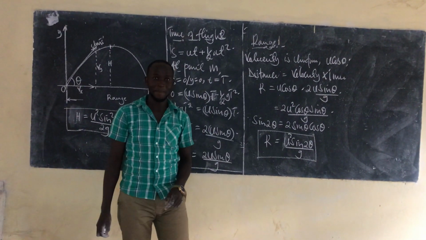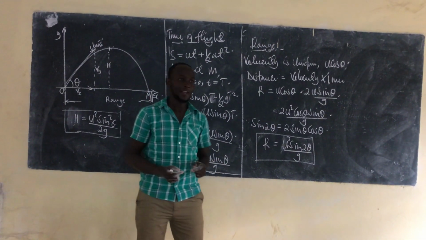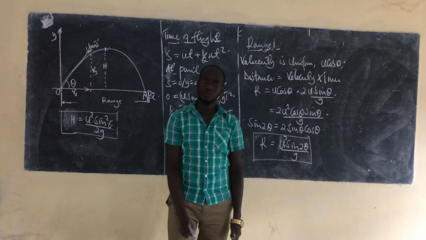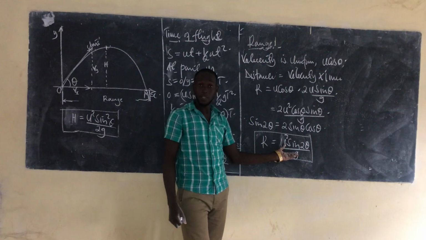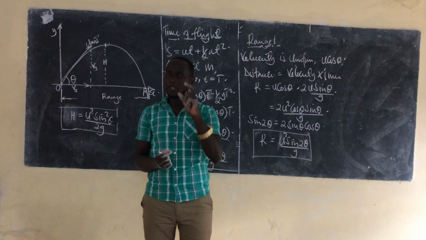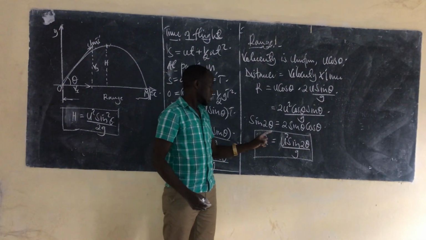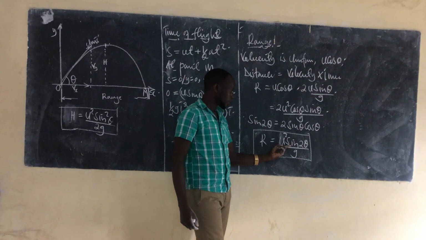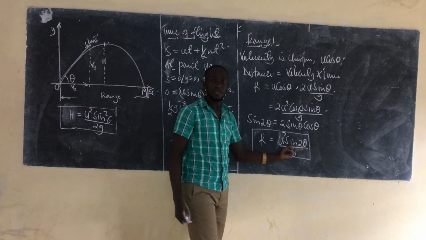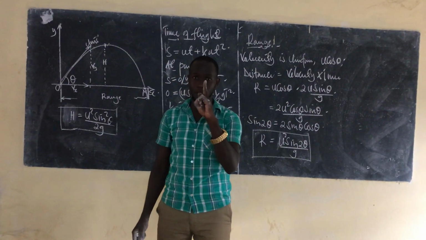Range does not stop there. Range is somehow twisted sometimes. Someone is going to ask you to calculate maximum range. Yes, you know how to calculate range. What about its maximum? Go back to your trigonometry. Your teacher told you, wherever you have sine of any angle, the maximum value that you can ever attain for a sine is always positive 1.